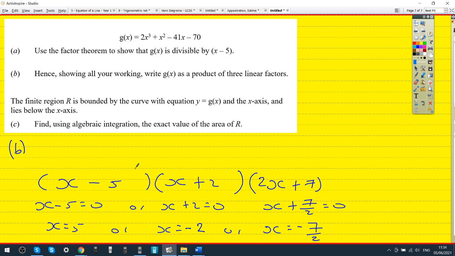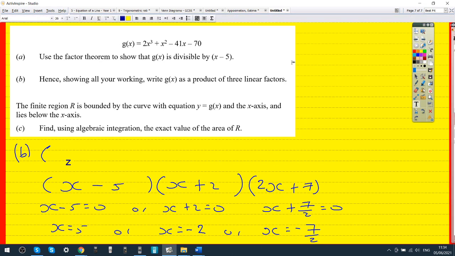And they gave us this x minus 5 bracket. Multiply that by the x plus 2 bracket. Oh no, hold on. They gave us the x minus 5 bracket, so multiply the other two together.